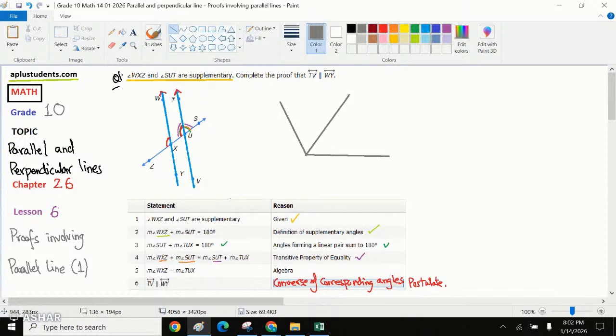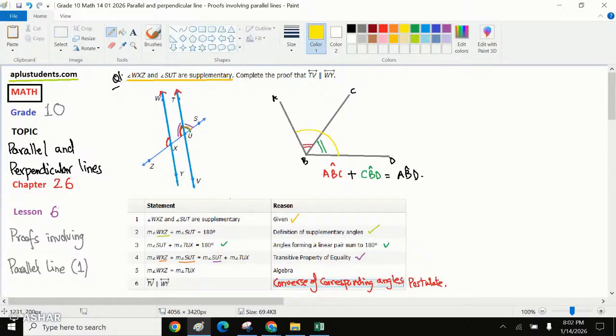If I label this as A, B, C, and D, and the first given angle was ABC and the second angle was CBD, we can write ABC added to CBD, their sum should be equal to ABD, the complete angle. This property is known as the converse of corresponding angles postulate.